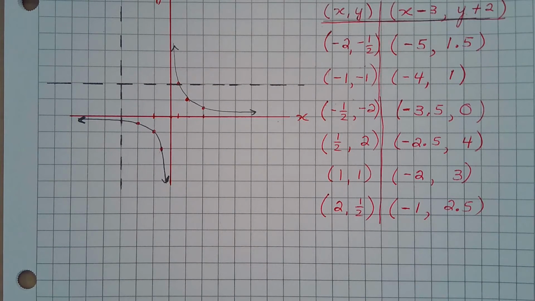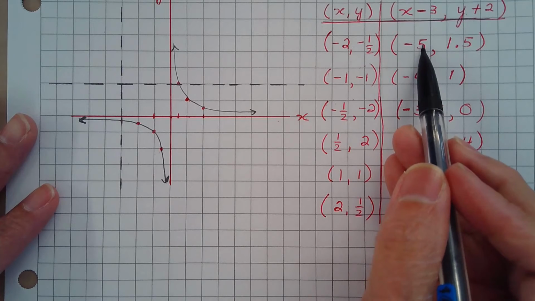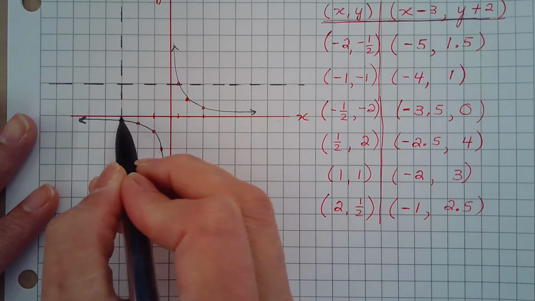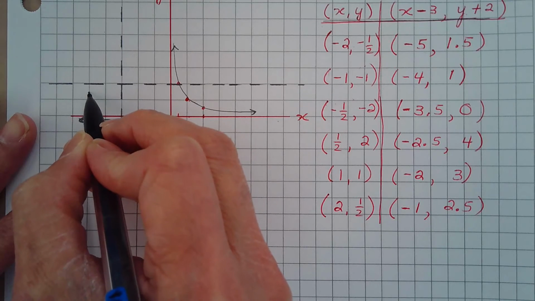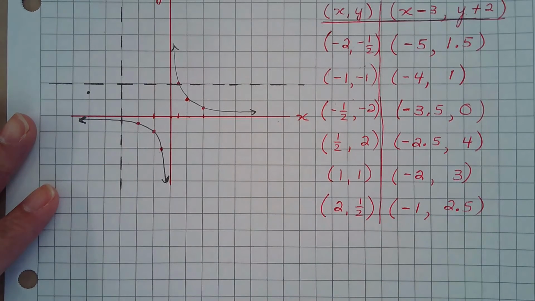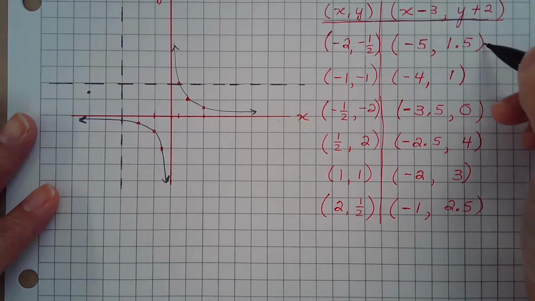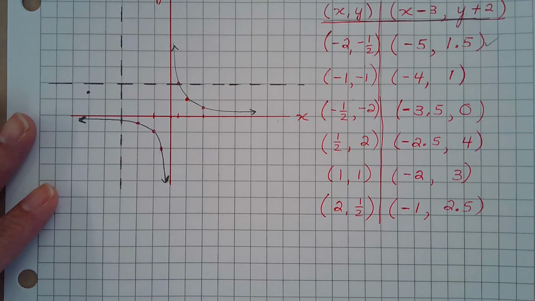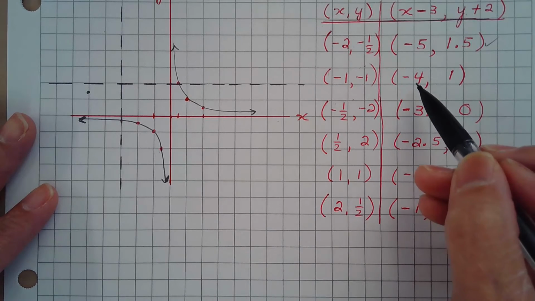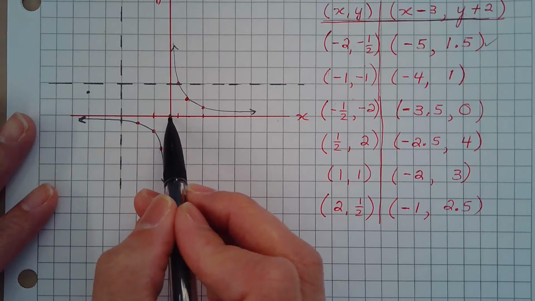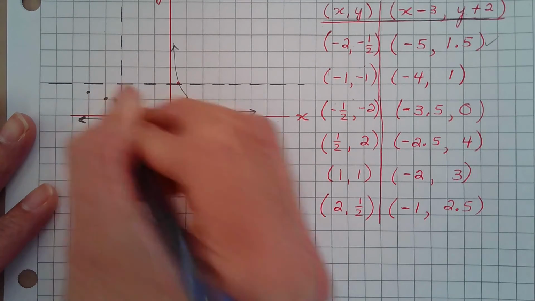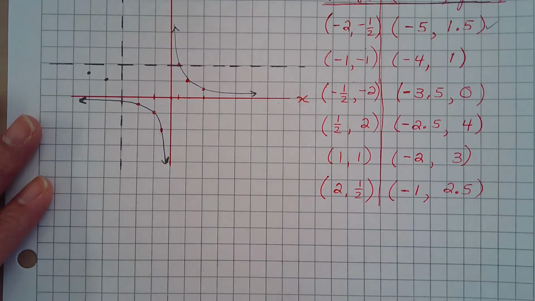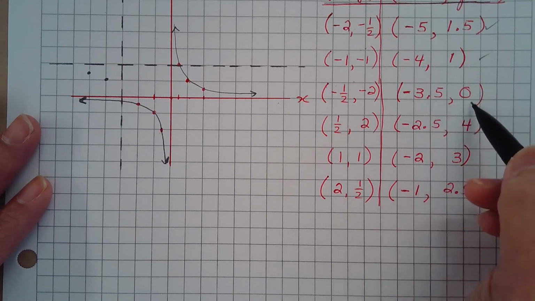Okay. So let's graph the image. So it's going to be negative 5, 1.5. So right there. Okay. Next one is negative 4, positive 1. The next one is negative 3.5, 0.